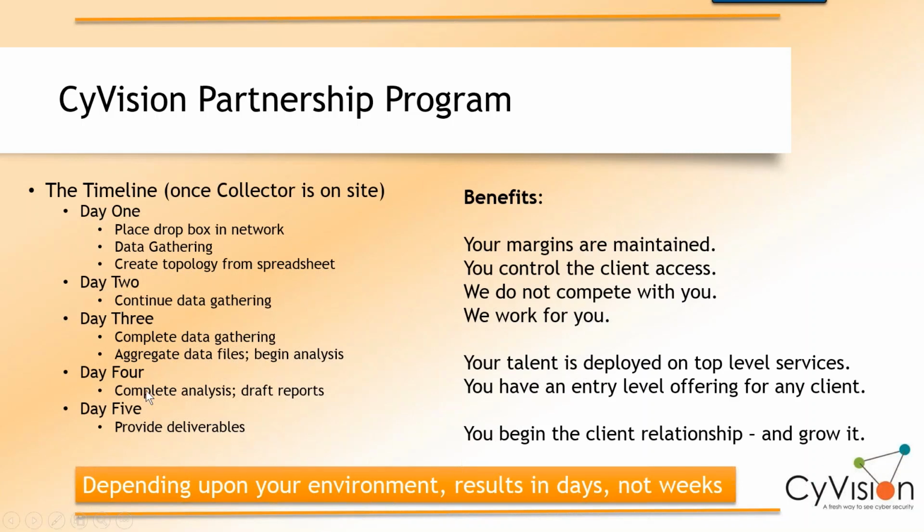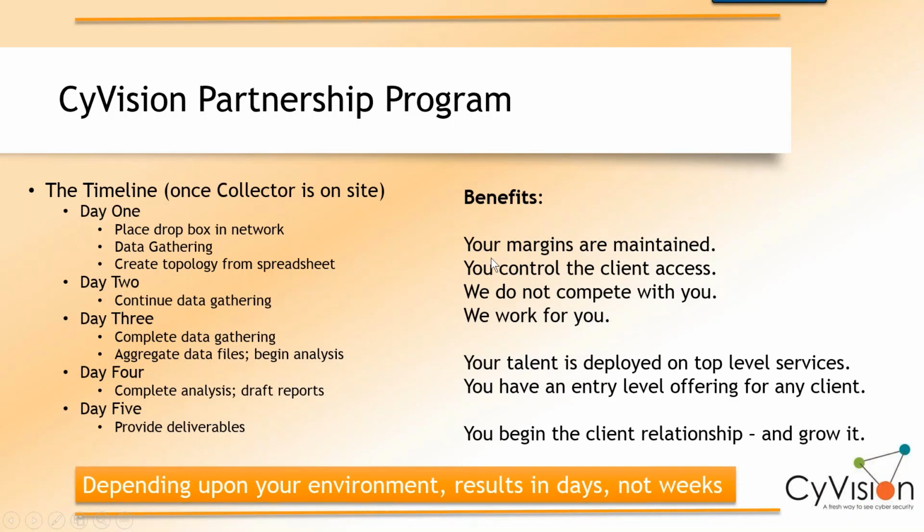And then on day 4, or after all the data has been gathered, we bring it all together, we do the reports, and then we provide the deliverables. Very, very basic. If it takes your competition a month, we can do it in a week.